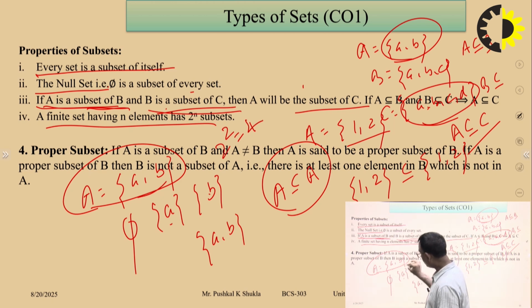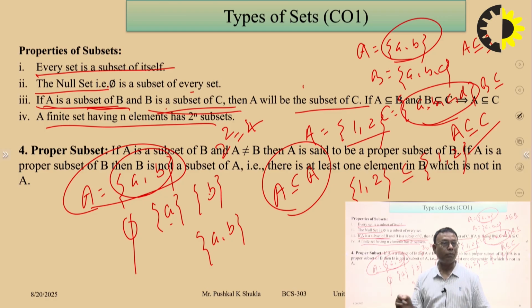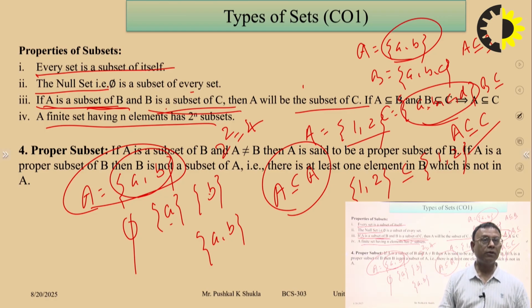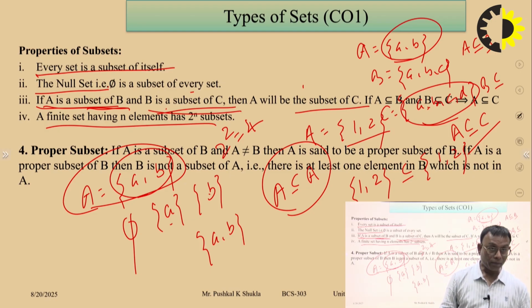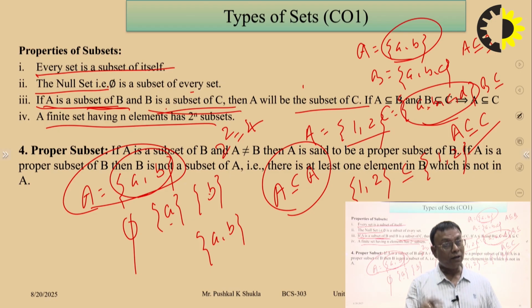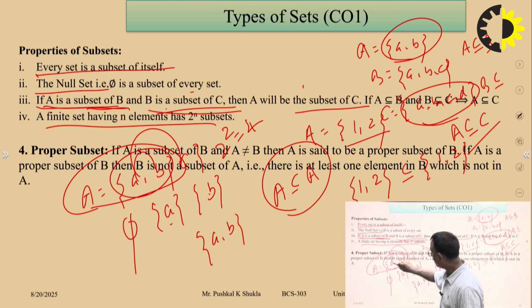If there are 2 elements in a set A, so 2 to the power n, where n equal to 2 here, so 2 to the power 2, that is 4 subsets should be there. If there are 3 elements in a set A, then 2 to the power 3, 8 subsets should be there. Suppose A, B, C, 3 elements are there, then phi, {a}, {b}, {c}, {a, b}, {a, c}, {b, c} and {a, b, c}.